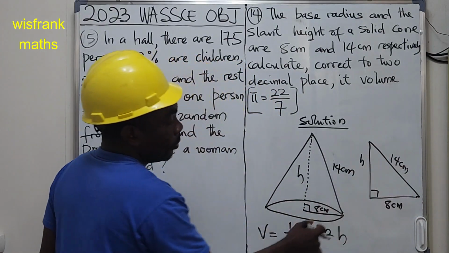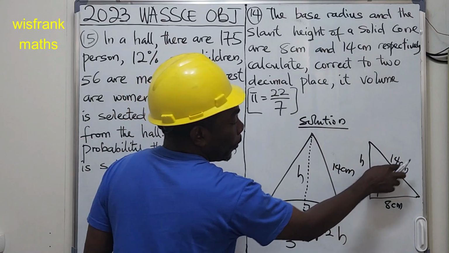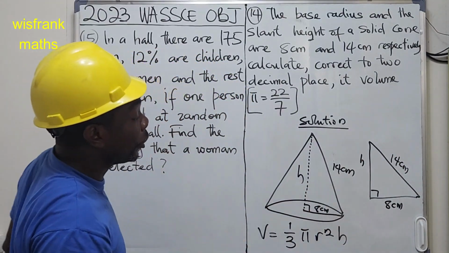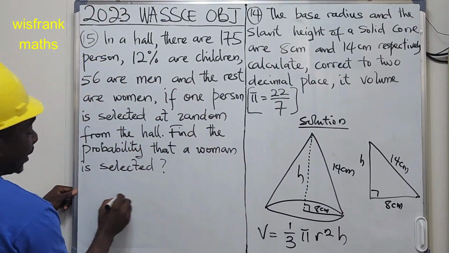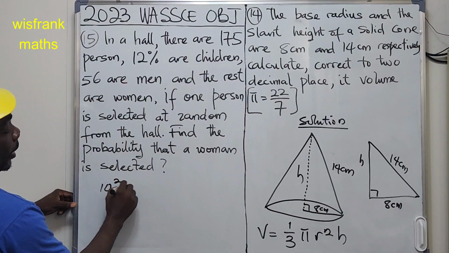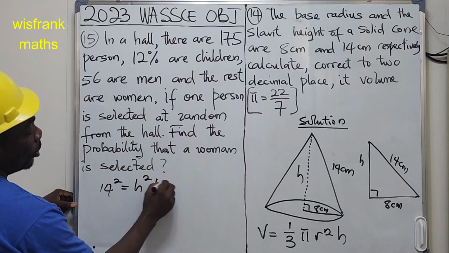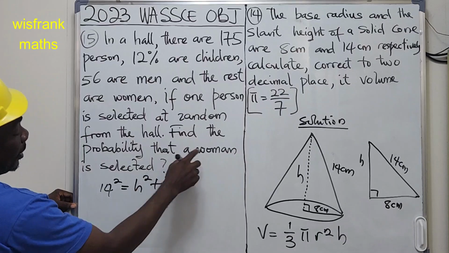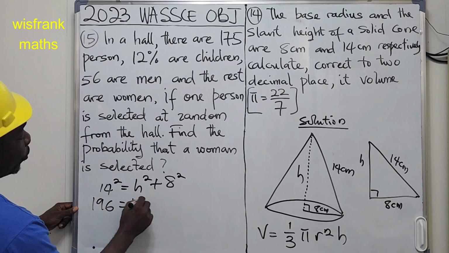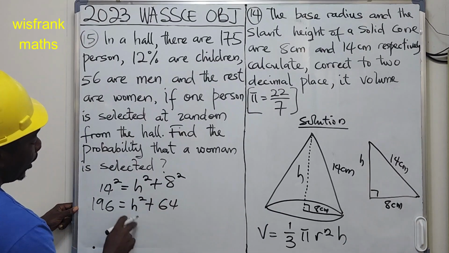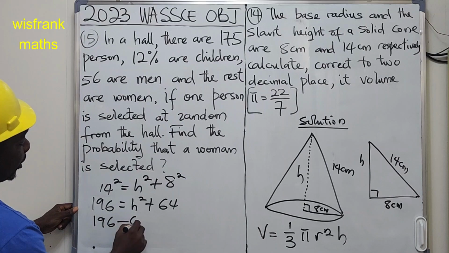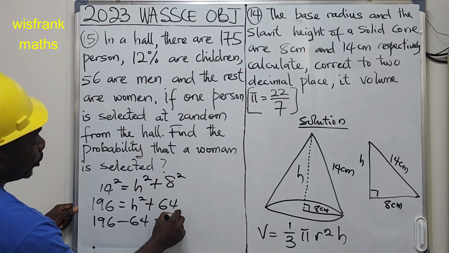We can use this triangle to find the height from two sides of this triangle by using a particular theorem, which says that the longest side of the triangle, which is 14 squared, equals h squared plus 8 squared. This is the same as 196 equals h squared plus 64. Then 64 can come over, and we have 196 minus 64 equals h squared.